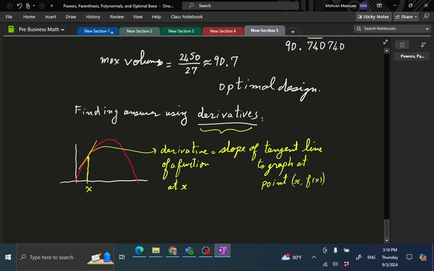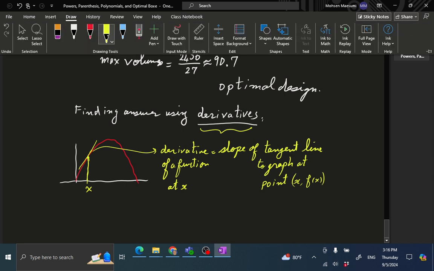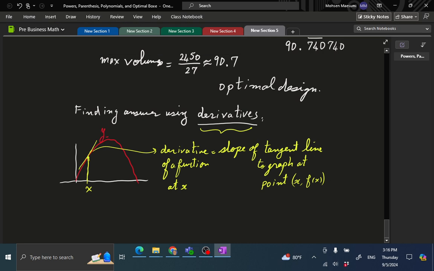So if whatever I have here is the graph of some function y equals f of x, and I choose a certain point and ask what the derivative is there, what I am really after is finding the slope at that point.